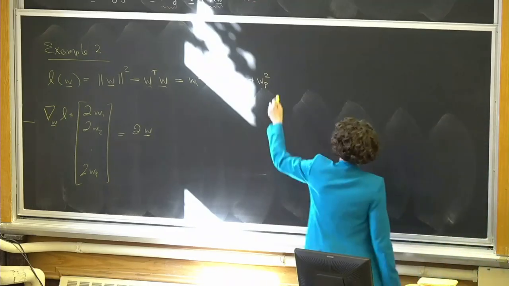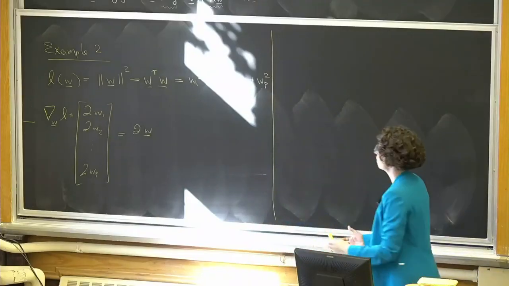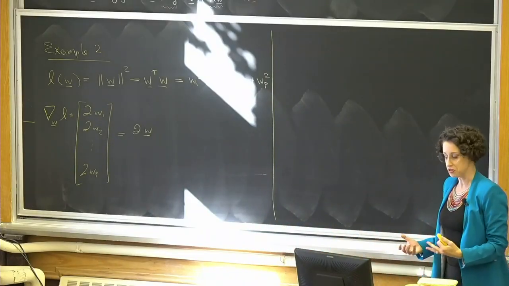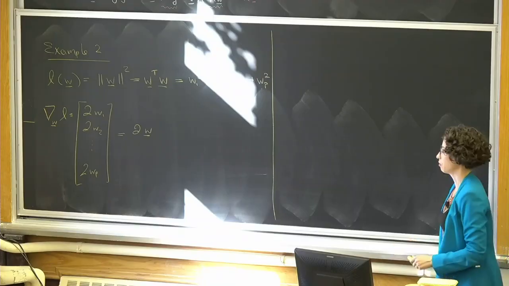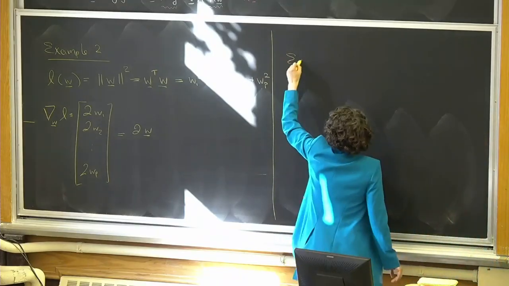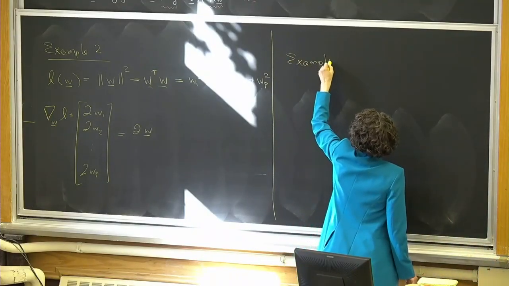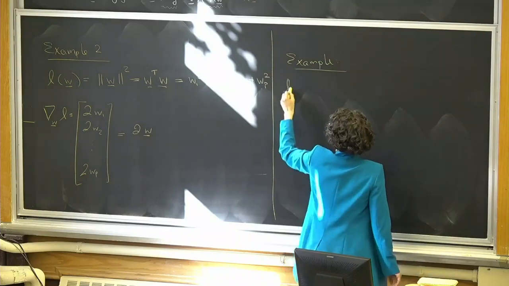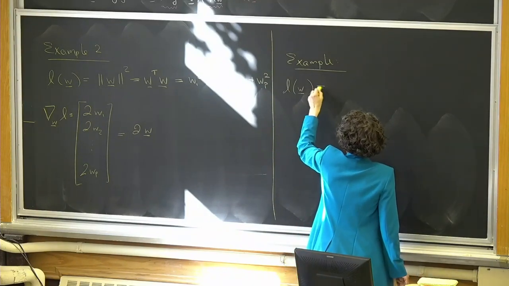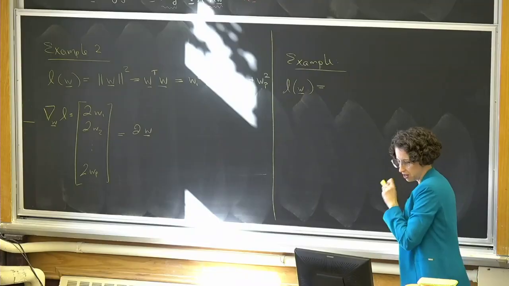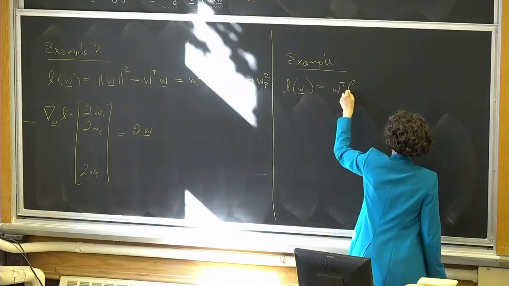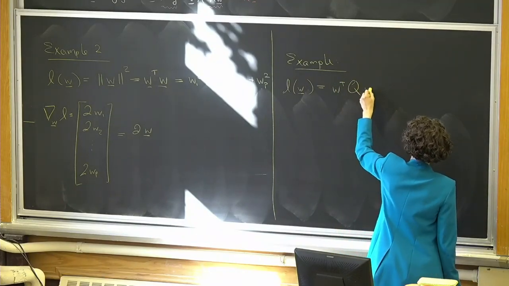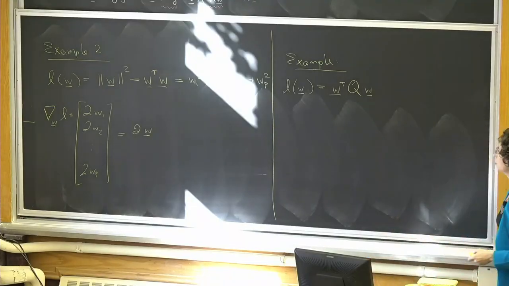Okay, now the third example is super important. We're going to use this a lot, but the derivation is a little tedious and we're not going to go through it all here in class. But the example is where the loss of W is equal to W transpose times some square matrix, Q times W. So in this case, it's a little bit like example 2, only we've got this Q matrix popping up.